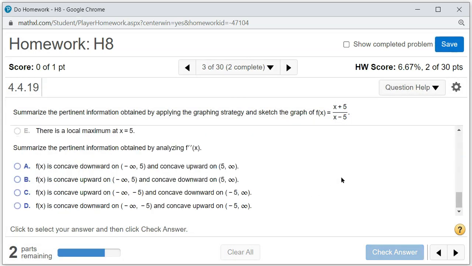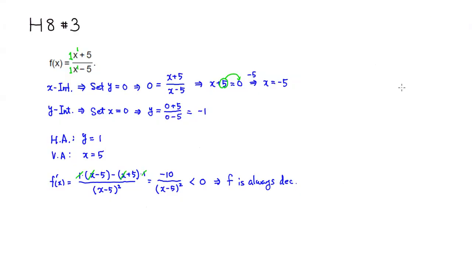All right, next one is concavity. In order to discuss concavity, we have to take another derivative. The easiest way is to rewrite the first derivative as negative 10 times the quantity x minus 5 to the negative 2 power. Then I'm going to use the general power rule to find the second derivative.